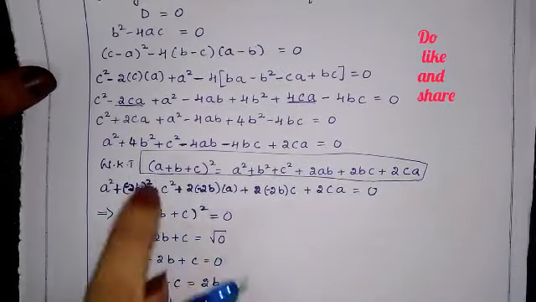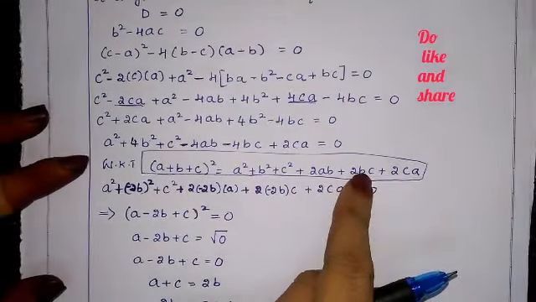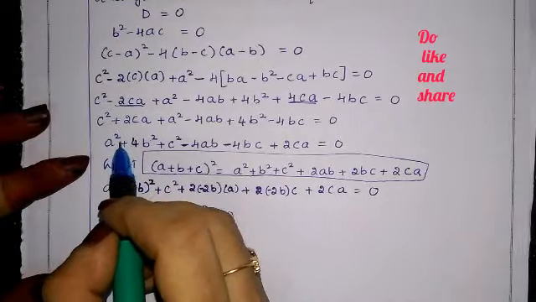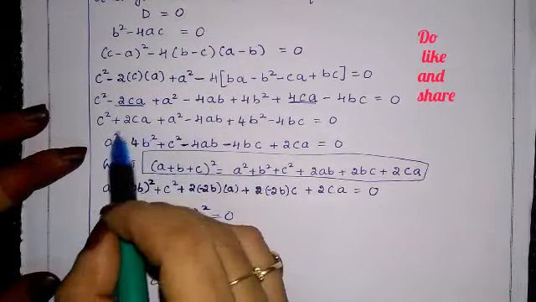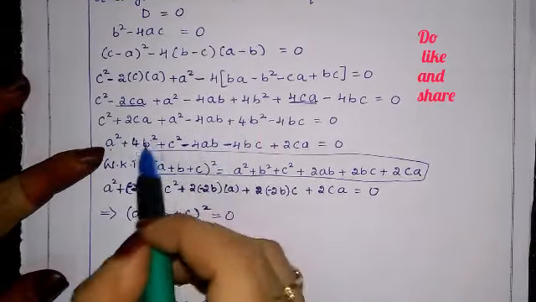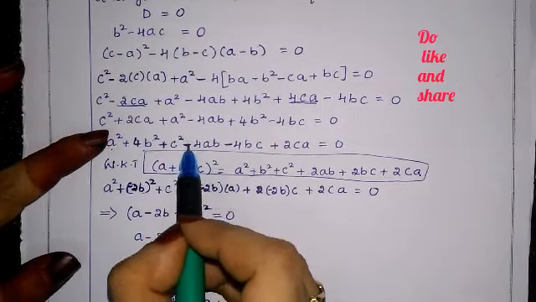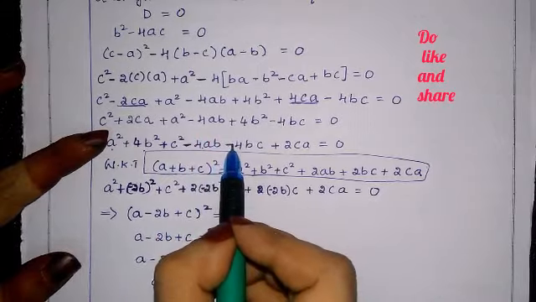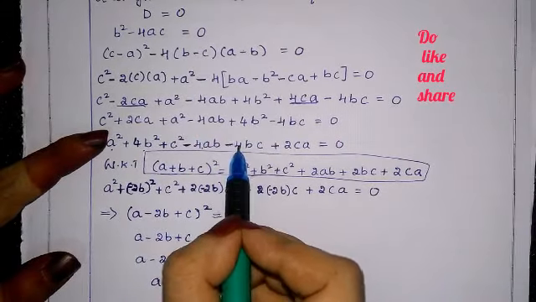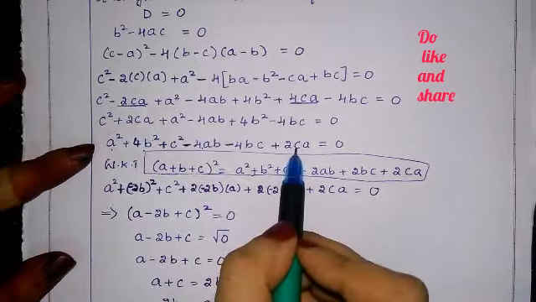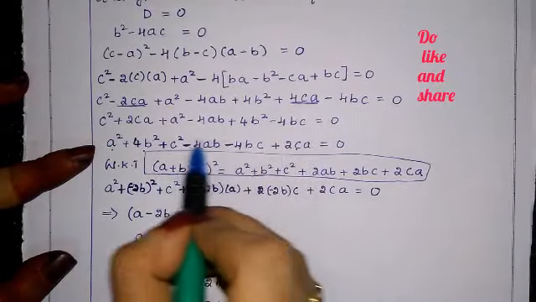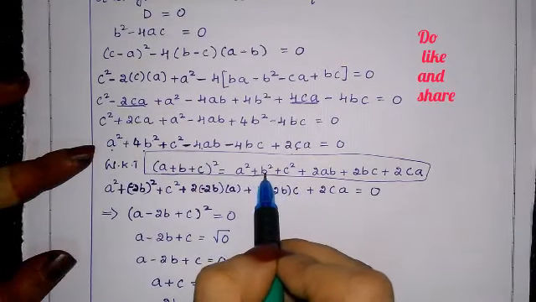You might have got confused again here, so that I can clear your doubt one more time. Here what we have written: a square I wrote as it is, 4b square as it is, plus c square as it is, minus 4ab as it is, minus 4bc as it is, plus 2ca as it is. Now we will make this equation in formula form.